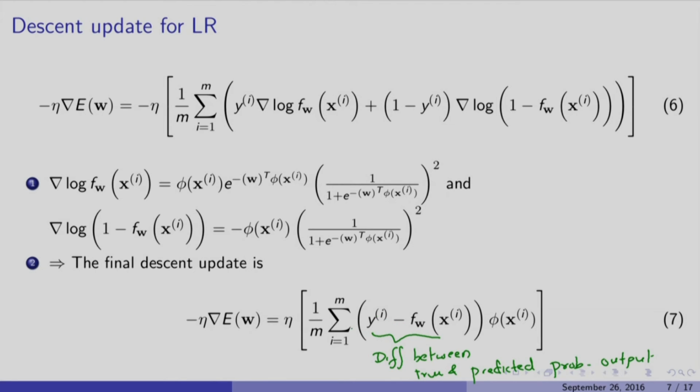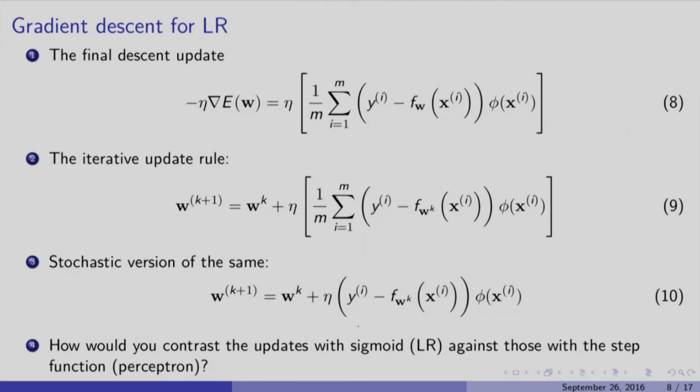So basically the update is a linear combination of the phi(x_i)'s, but the phi(x_i)'s contribute in proportion to how much the prediction for that point differs from what it is supposed to be. So this is the iterative update rule with every point contributing.